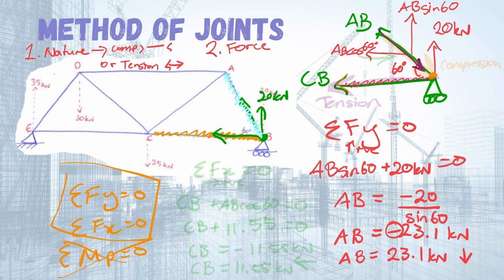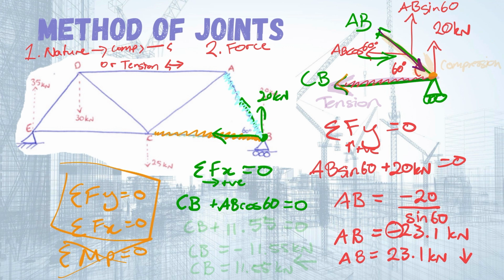Alright, so now that we have that, we can go about working out the sum of forces in the x direction, because they will also be equal to 0. And let's take to the right as positive. So we have CB in the x direction, and we also have AB cos 60. And we've established that AB is acting this way, so we can keep that as positive, and this is going to equal 0.